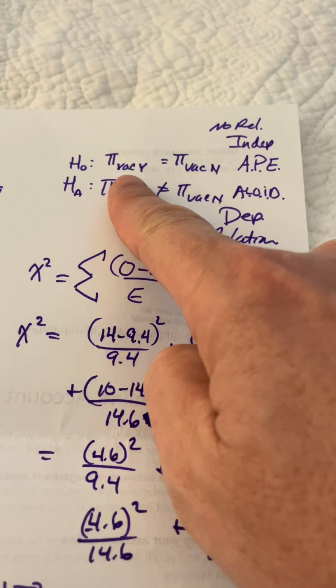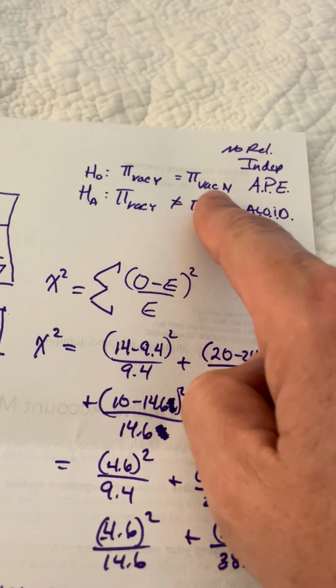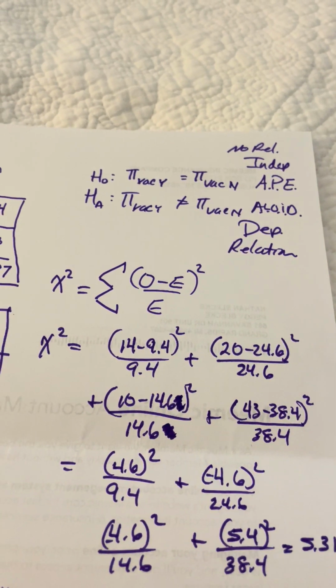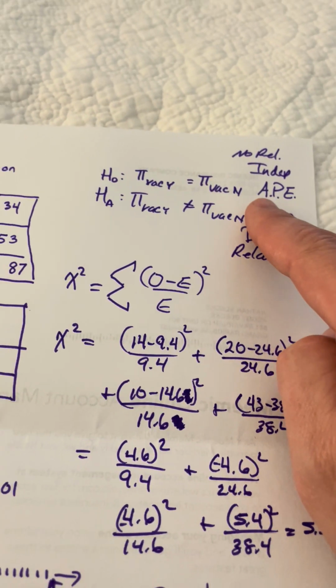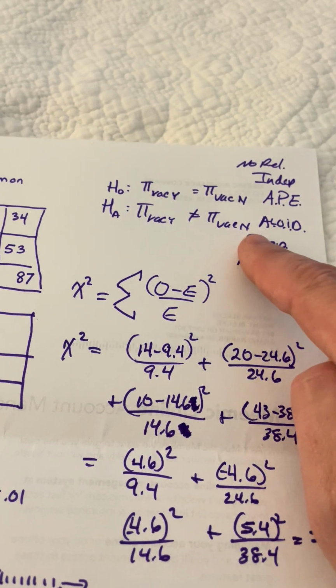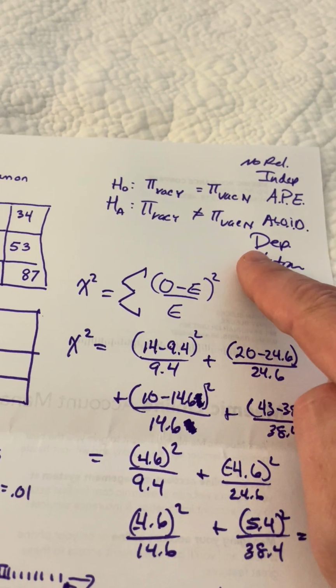The null is the proportion vacuum yes, the proportion vacuum no. They're equal. We're really simulating multiple proportions. So you could say all proportions equal, and this thing's counterpart would be at least one is different. If you said independent, then you'd have dependent.